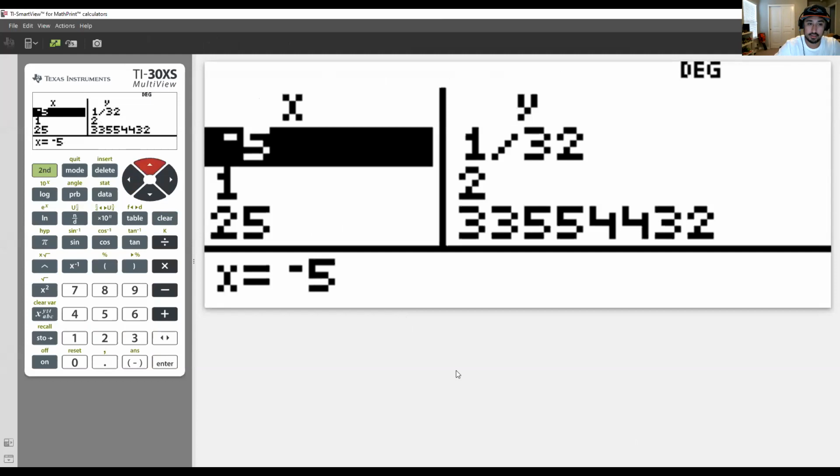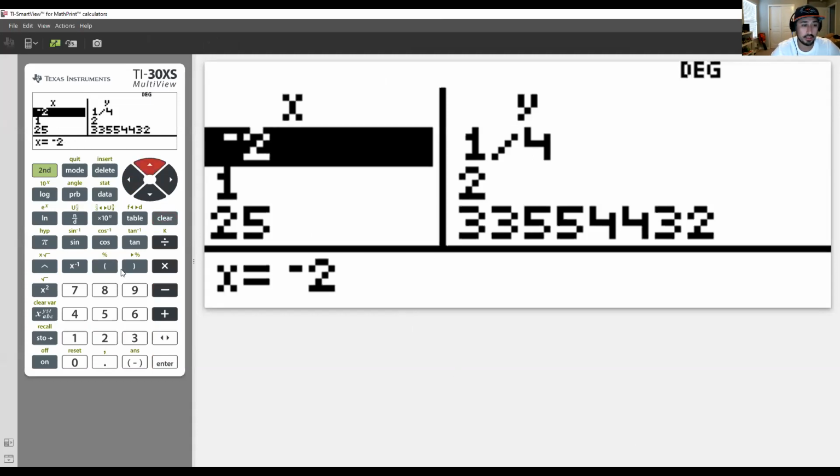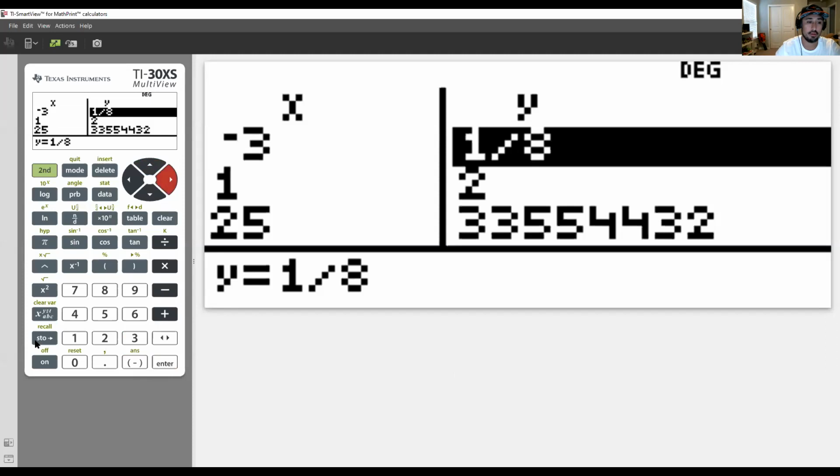Nope. I keep pushing all the numbers. There we go. -3. That's super weird. I guess I'll type them in here. -3. There we go. That's 1/8, which gives me 0.0125.